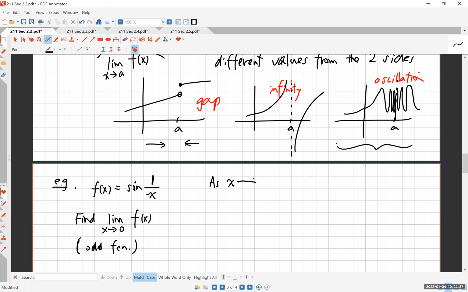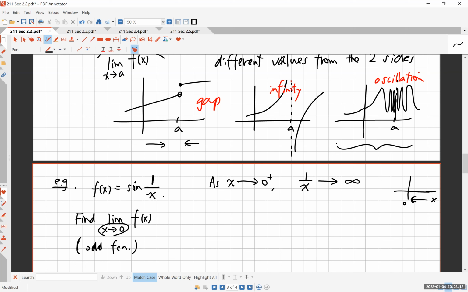As x approaches 0, what's going to happen? 1 over x approaches infinity if x is approaching 0 from the positive side. So x will stay positive, even though it gets smaller and smaller. Think of numbers like 1 divided by 0.1, which is 10, 1 divided by 0.001, which is 1,000, and so on.